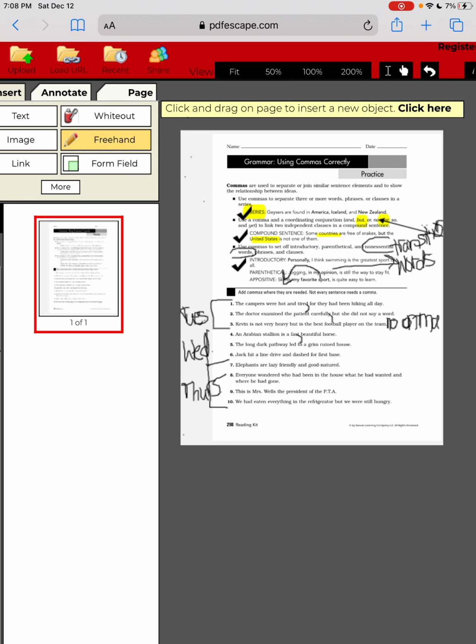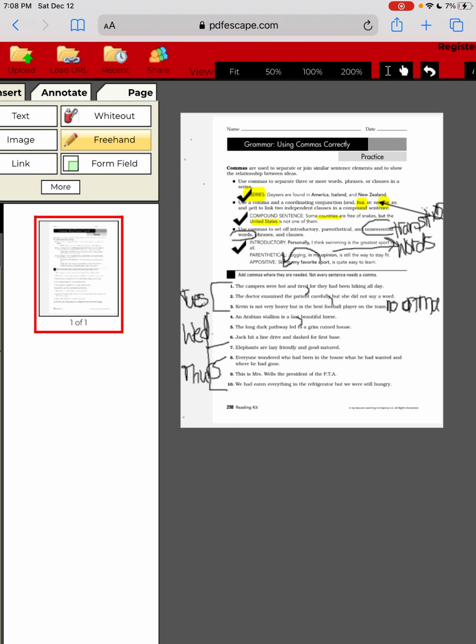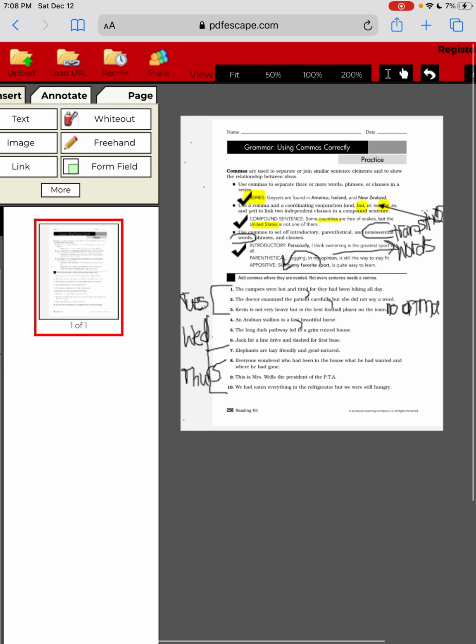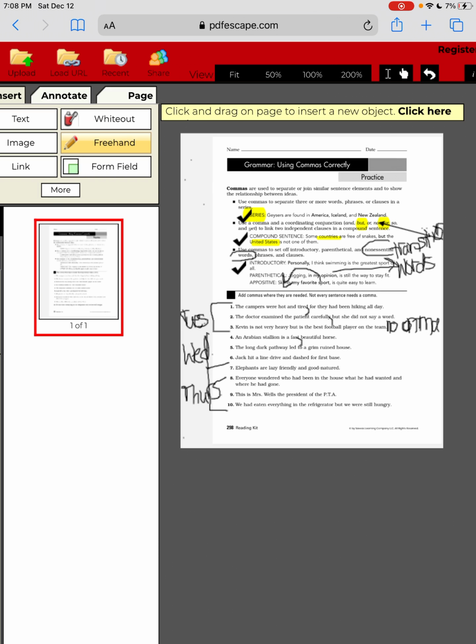Number 5, the long, dark pathway led to a grim, ruined house. We have 2 adjectives together at the beginning of the sentence. Long, dark. Needs a comma between it. And grim, ruined. Needs a comma between it.